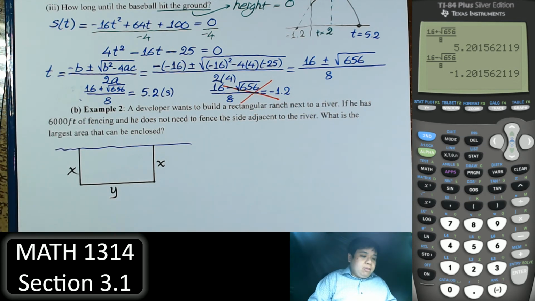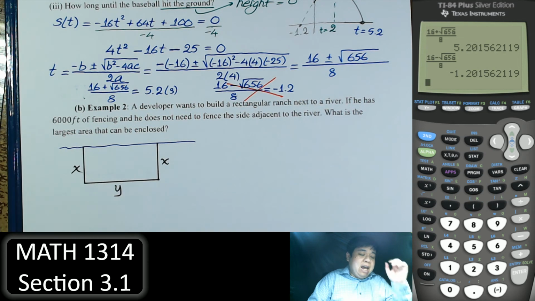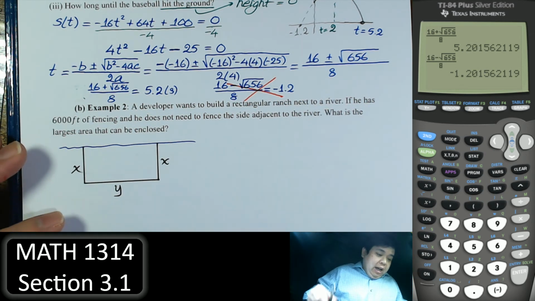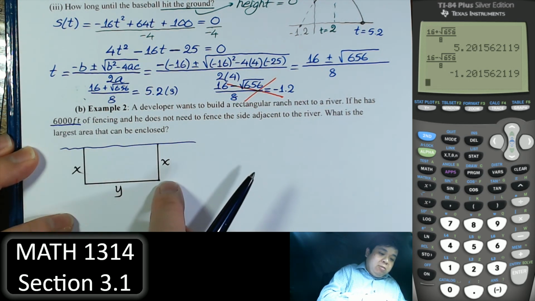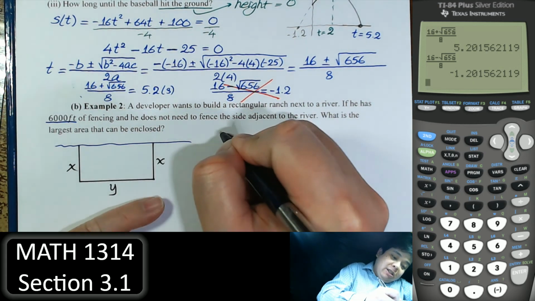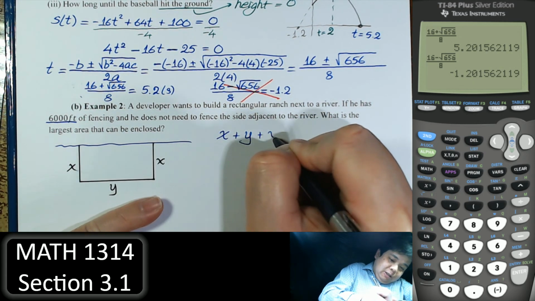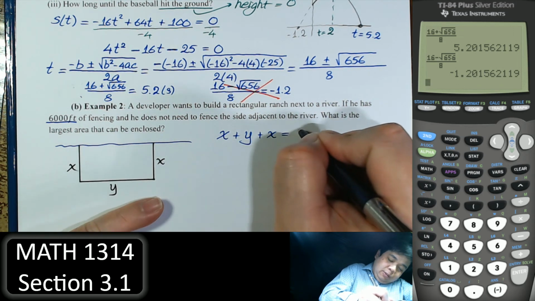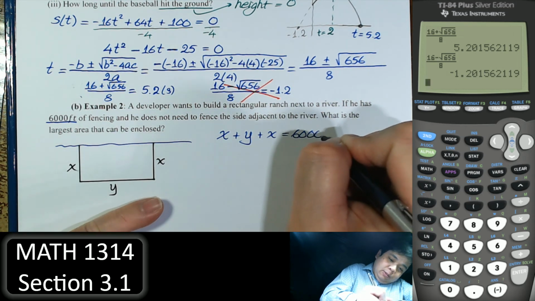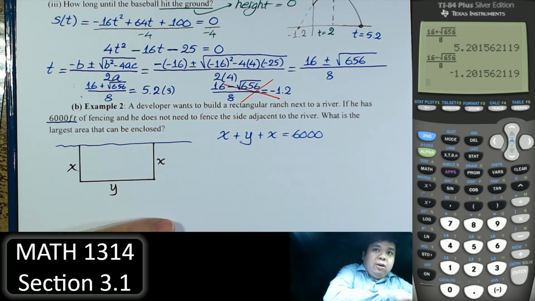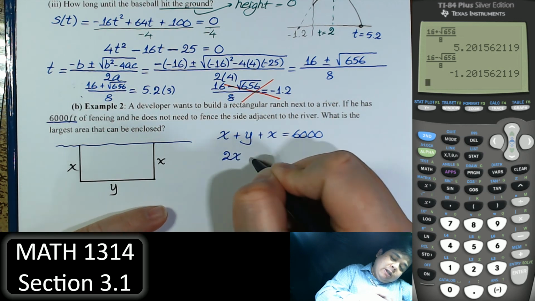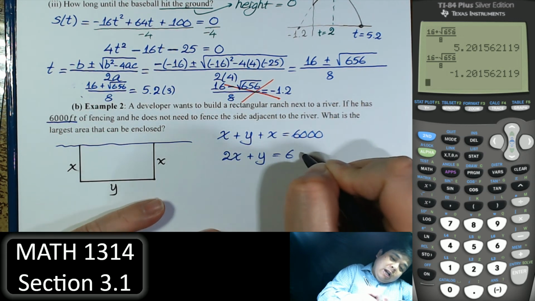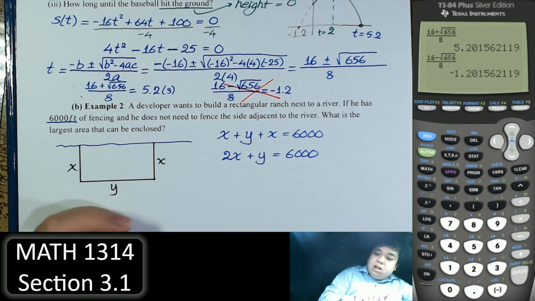So we try to find the maximum area here. What do we have? That would be 6,000 feet of fencing, so x plus y plus x is equal to 6,000. Now, that gives us 2x plus y equals 6,000.